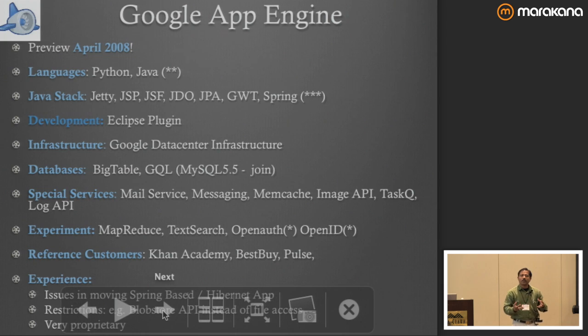So that depends upon whether the platform is standard based or whether the platform has a lot of proprietary stuff. Google App Engine has the maximum proprietary stuff, and it also puts a lot of restrictions on Java. They maintain a whitelist of what you can use from Java and what you cannot use. And almost many other vendors have a similar thing.